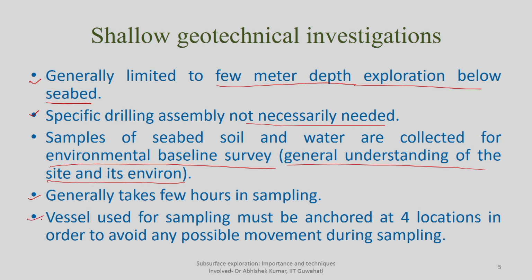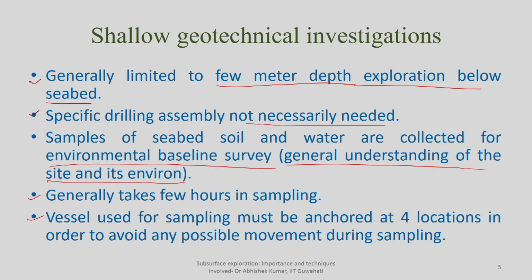Vessels used for sampling must be anchored. This is more important, because if you are collecting the soil sample and in the meantime the vessel itself moves, there can be two problems. One, the connecting cable between your sampler and the vessel may break. Or, if your vessel is not properly anchored, you may end up misinterpreting the findings with respect to your location.